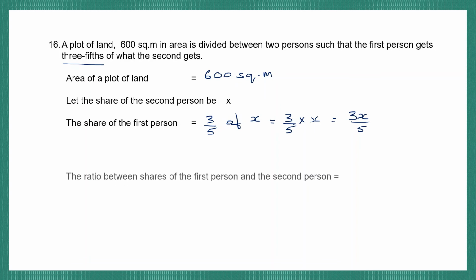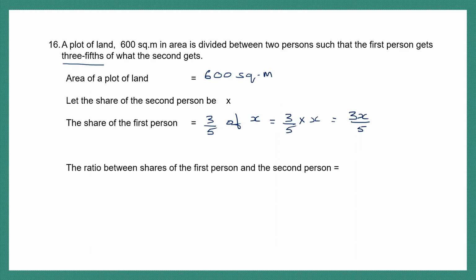Okay, we'll continue. Now the ratio between the shares of the first person and the second person. How much will the first person get and how much will the second person get? So the first person is 3x by 5, and the second person's share is x, isn't it? Now a ratio is division.